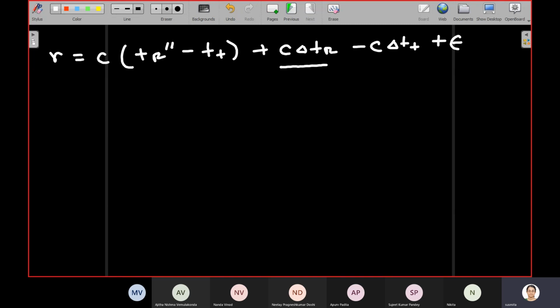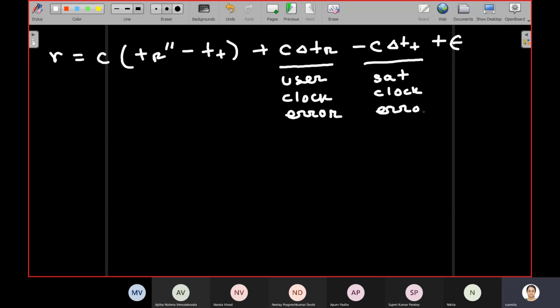So this is the user clock error. This is the satellite clock error. Now this is the true transmission time.